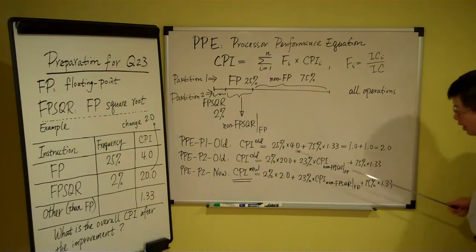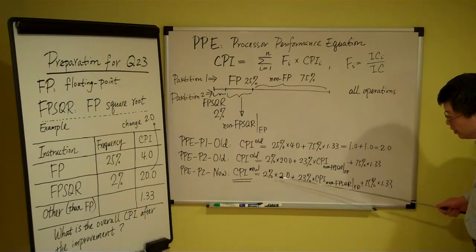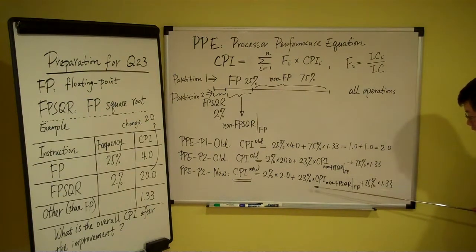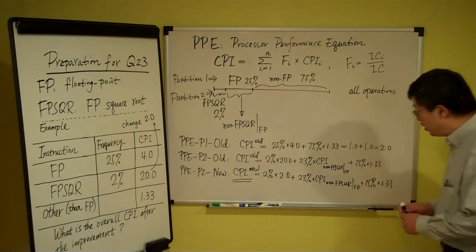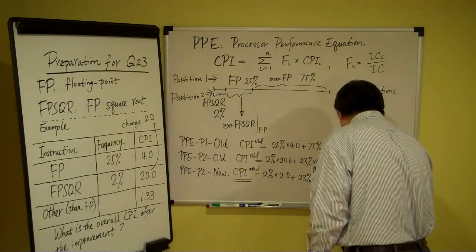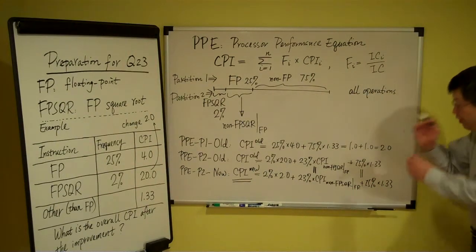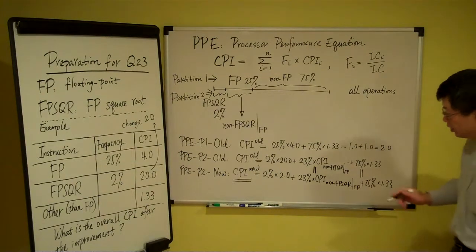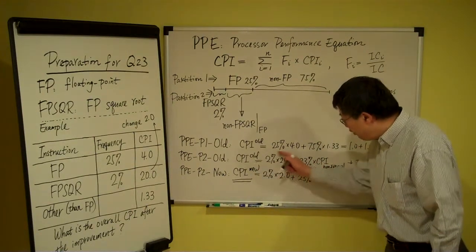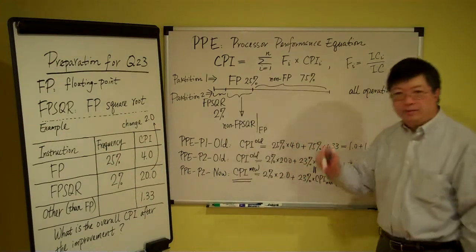And you see the first term, they are different. Second term, same. Third term, also the same. If you take the difference of these two equations, you can see the difference only comes from the first term.